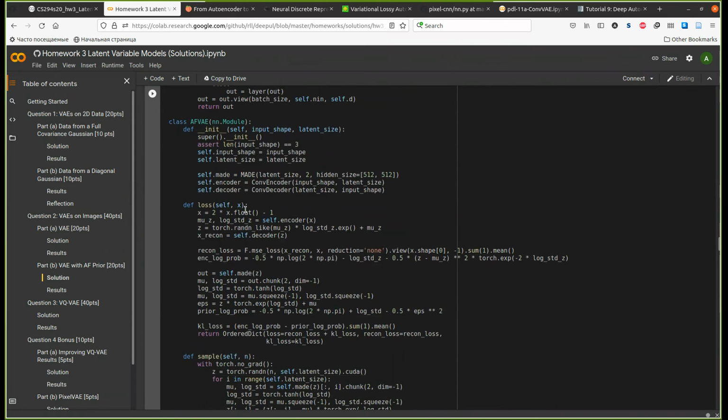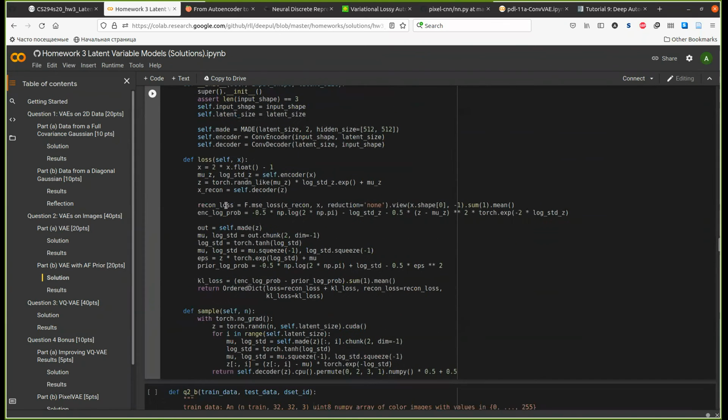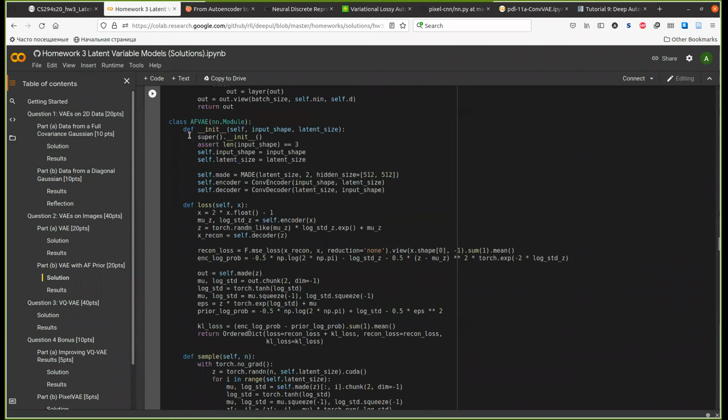Yeah, let's have a look here at the autoregressive flow variational autoencoder model. So we take an X here, feed it to the encoder, and get the mean and variance of the latent variable Z. Then we do the reparameterization trick, get Z, and feed it to the decoder.